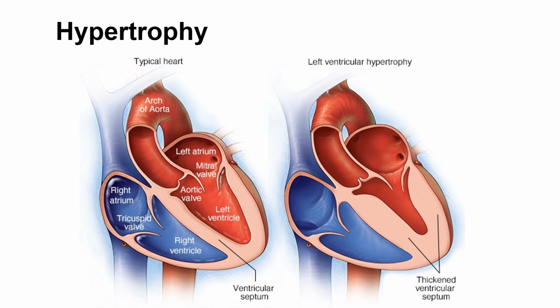With increased resistance, maybe these arterioles have become deposited with more plaque. Maybe this person is obese, there's a lot of plaque inside these renal arterioles, or maybe there's just damage to these renal arterioles.